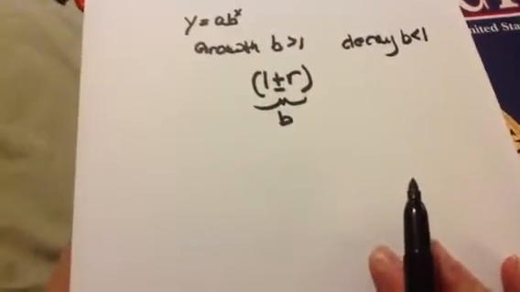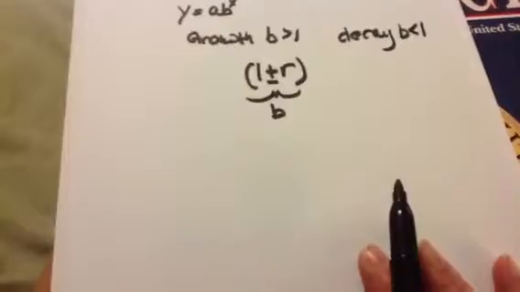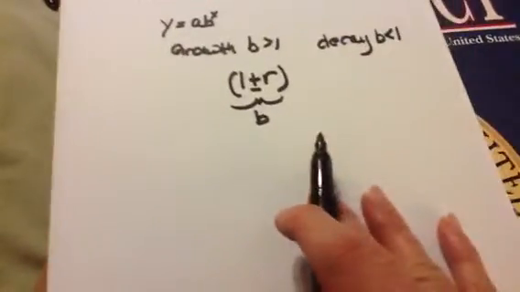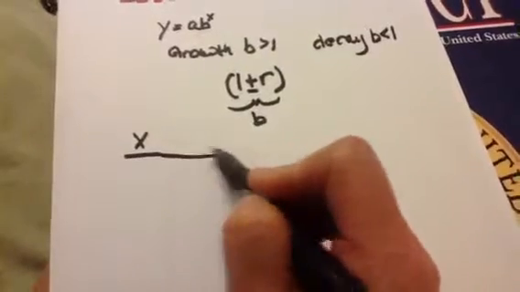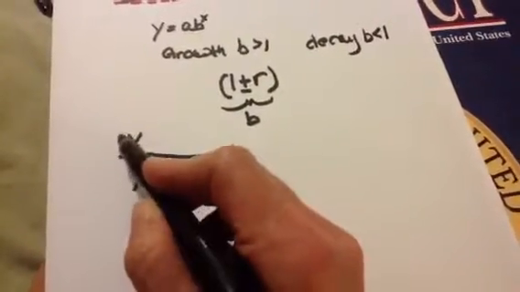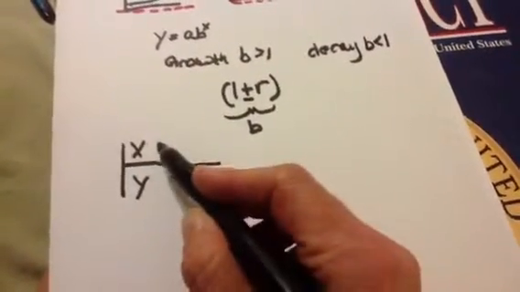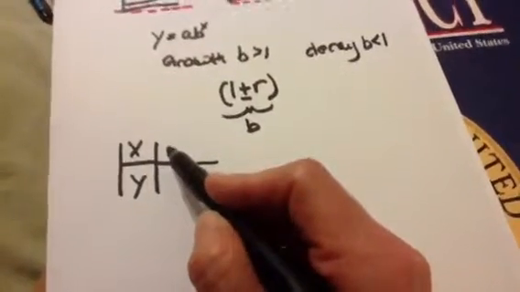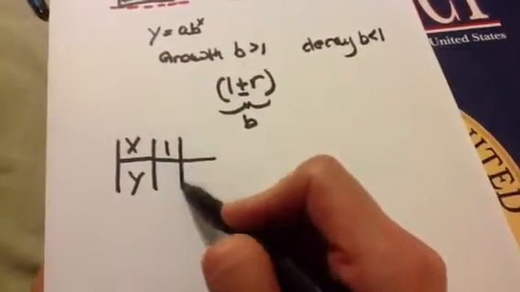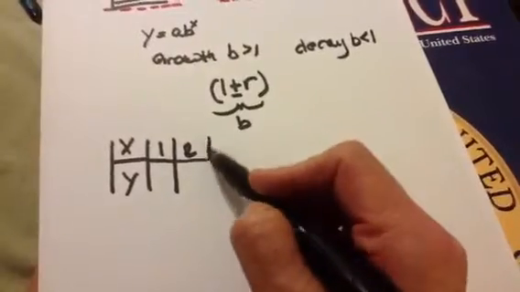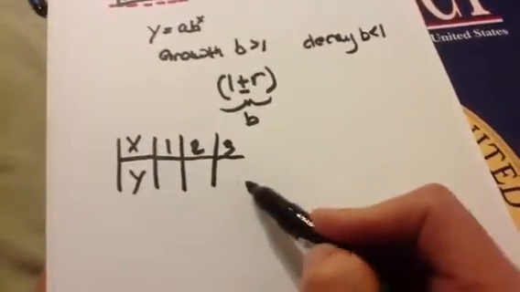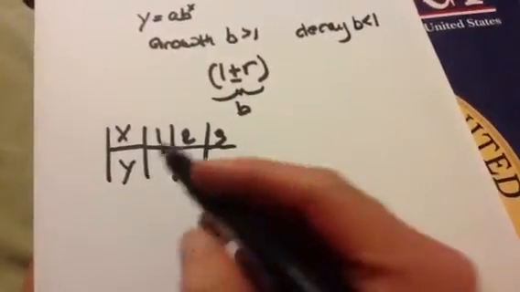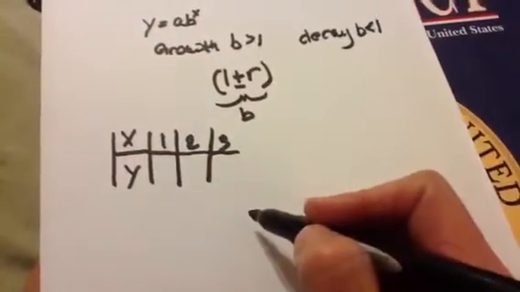Now, how you're going to see that in a table format is you might see my input and my output right here. For every input value, I might just increase my input value by 1. But with my output value, you're not just adding or subtracting an amount, you're multiplying it by something.